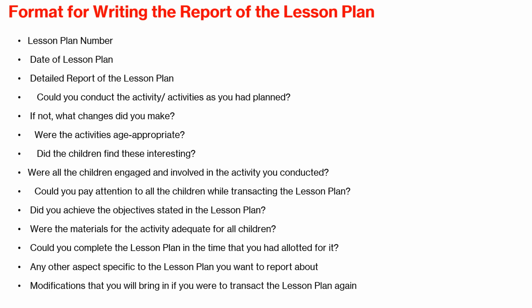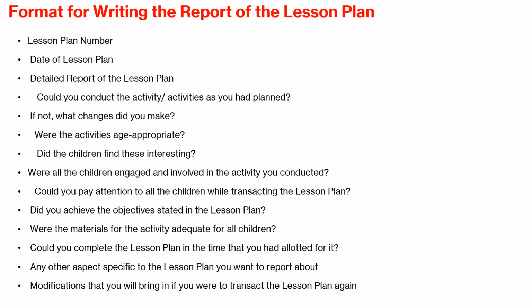Sometimes as a teacher, when we plan something and go to class, we feel that it is not appropriate for them and they are not involved, so we make some changes. If you made changes, you can write that all these changes were made and then it went on well. Or if you did not make any changes, you can write that your activity went on well as planned.